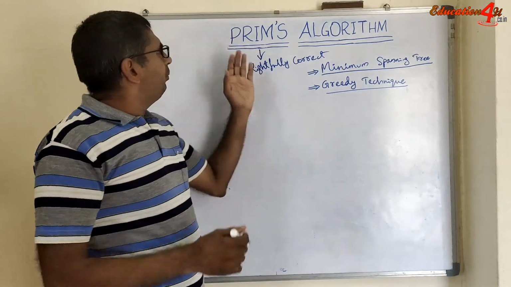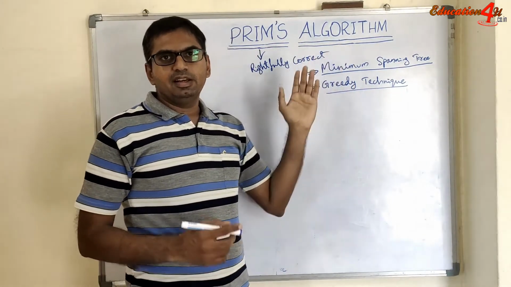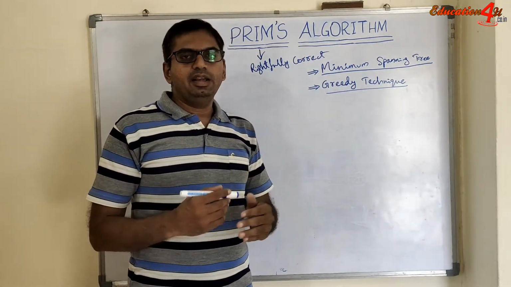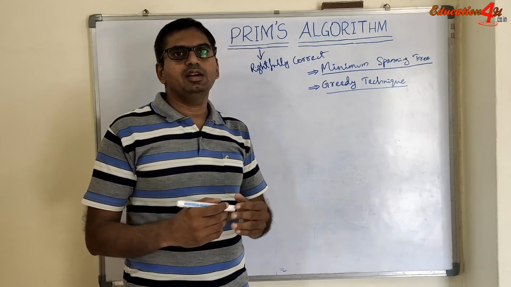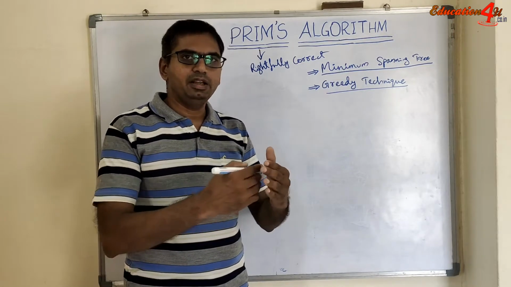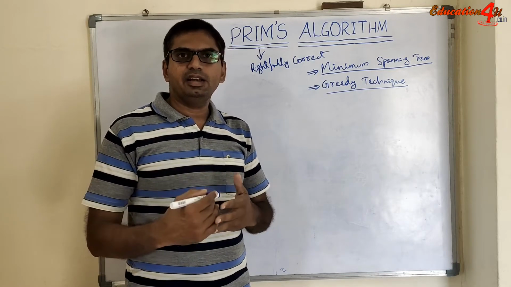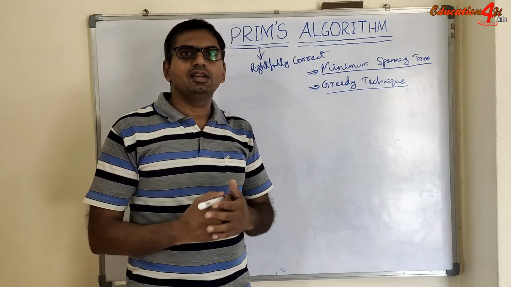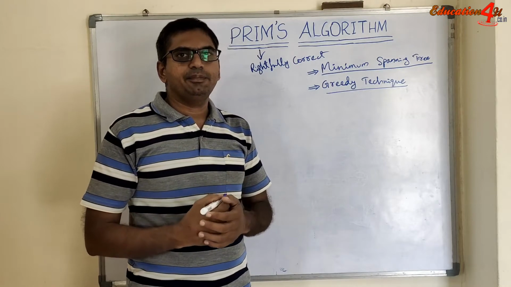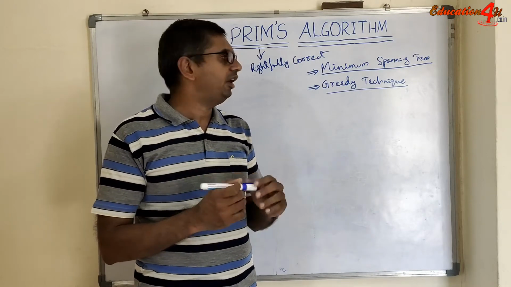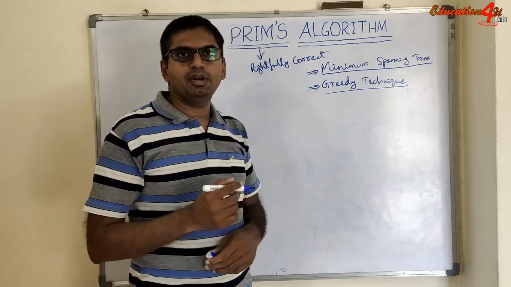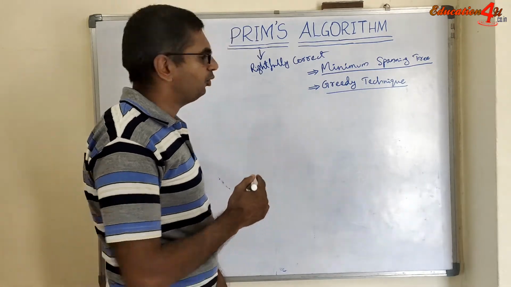So Prim's algorithm basically builds up a subtree, and the subtree expands gradually by selecting the edges and vertices greedily. Here I will show you an example, then you will come to know.